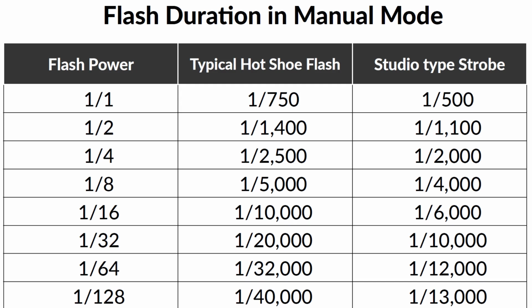You can see at higher powers, the duration is longer. At lower powers, the duration is shorter. This is what's going on in TTL, by the way, as well. +1, +2, +3 flash exposure compensation is going to mean a longer flash duration than -2 or -3. But in TTL flash, we don't know what that duration is.